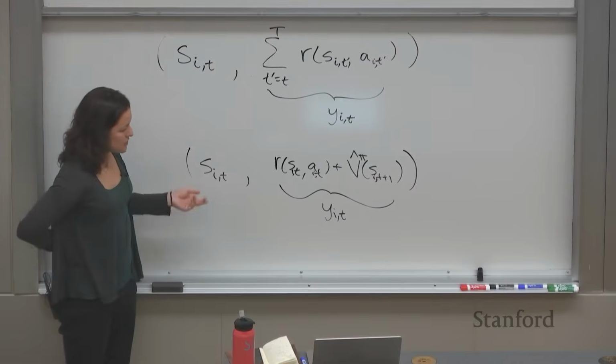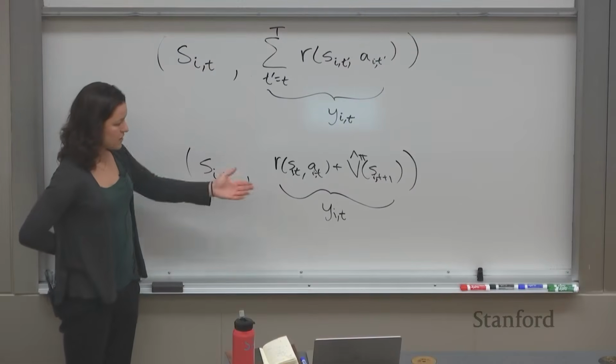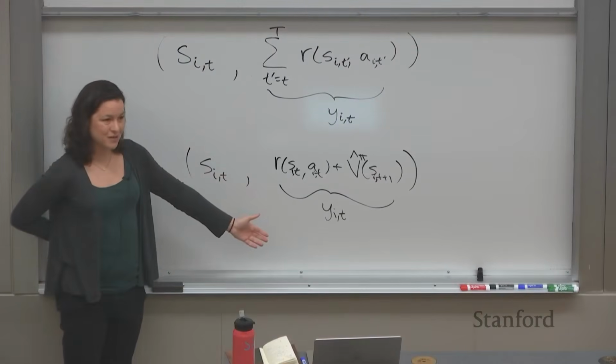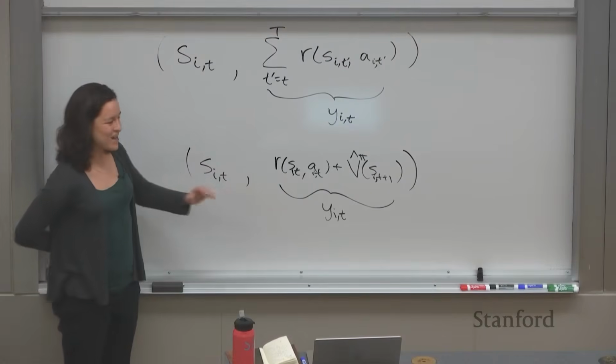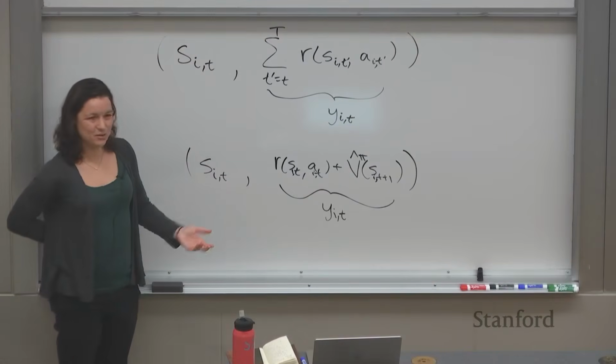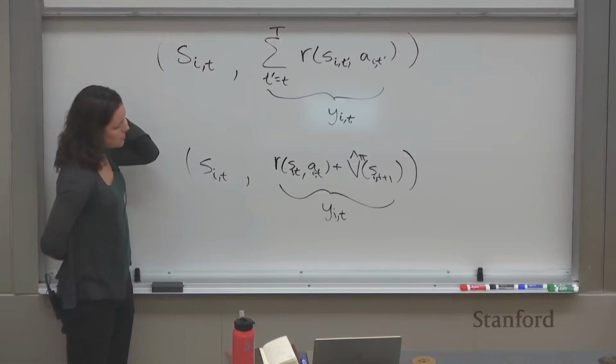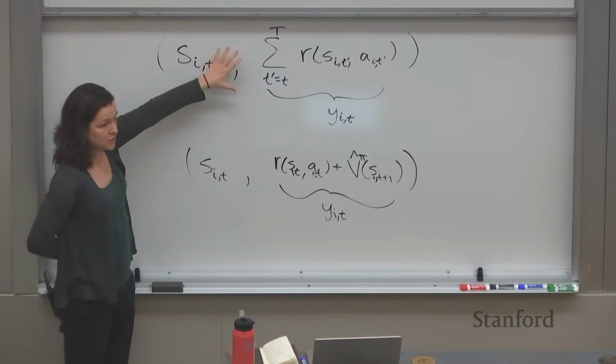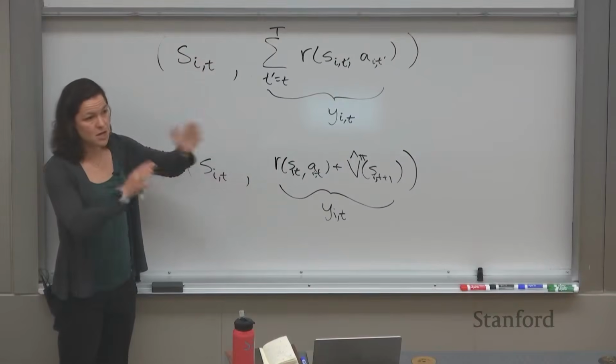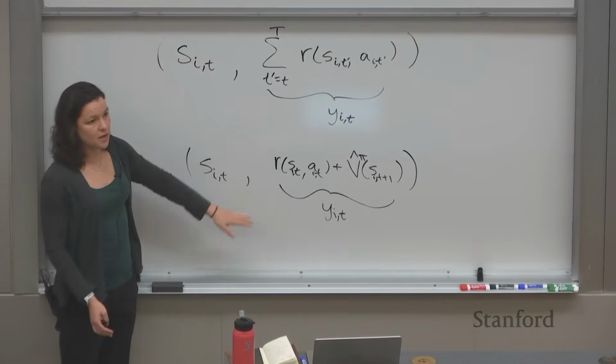You probably don't want to initialize your neural network such that the values are like -1,000 or something. That would be bad. But usually we don't initialize our neural networks that way anyway. I don't know if I've seen any issues with this in practice, but in principle, you could also start with a Monte Carlo objective just to get it in the right ballpark, and then continue with this update after that.